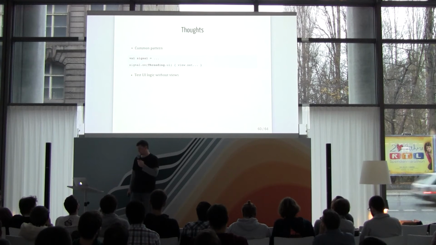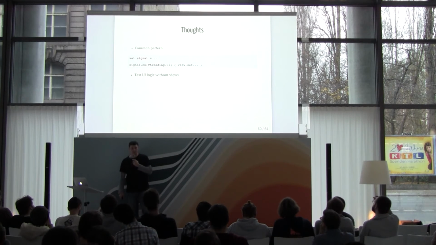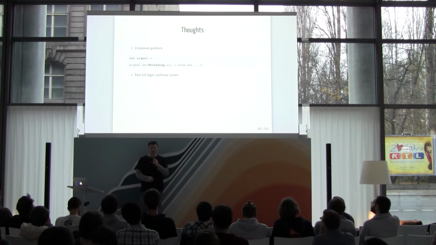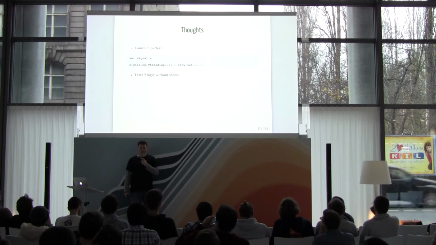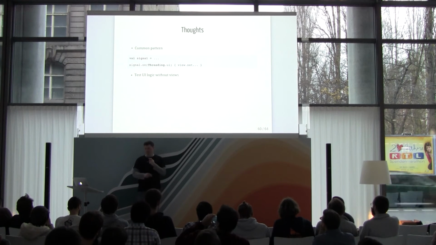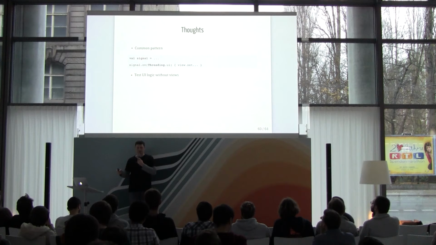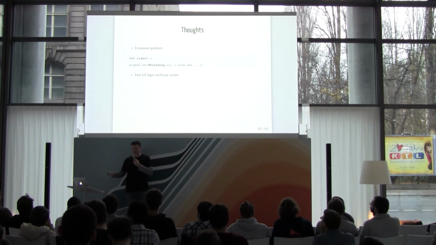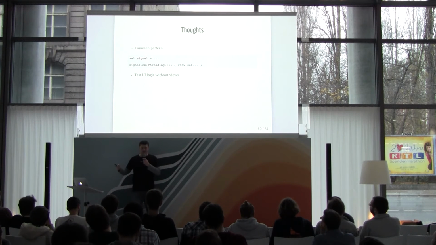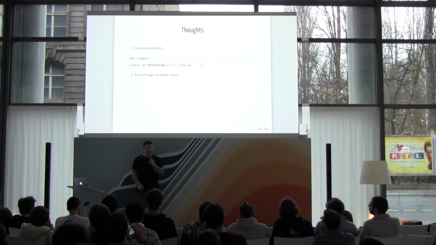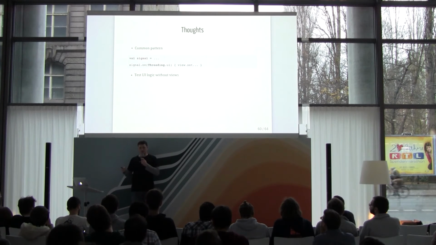Yeah, just some final thoughts. Maybe you noticed that every time we implemented something, there was this common pattern. We had to define some signal and then bind this signal to some method on the view, on some control. And this is how I create reactive applications. Basically, every control in the UI has a corresponding signal.